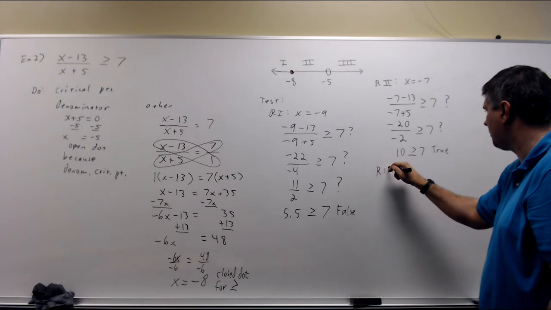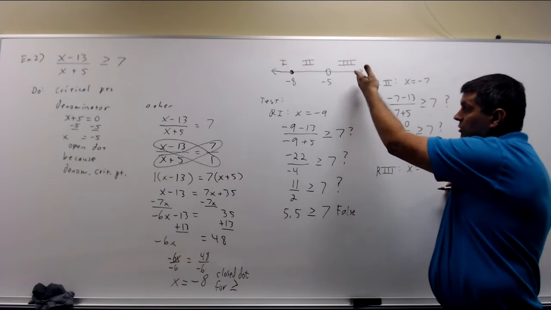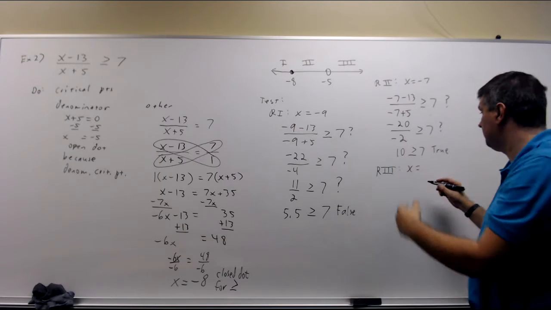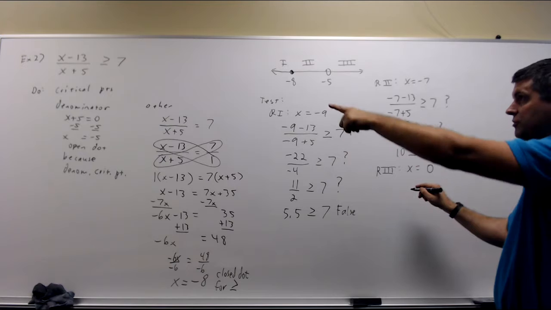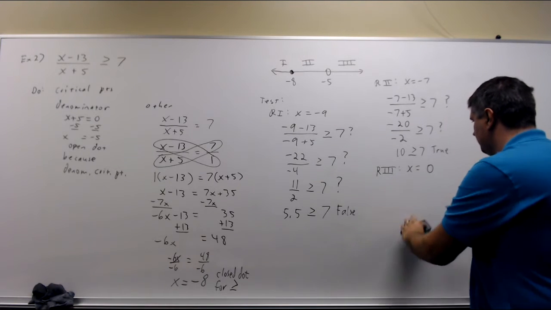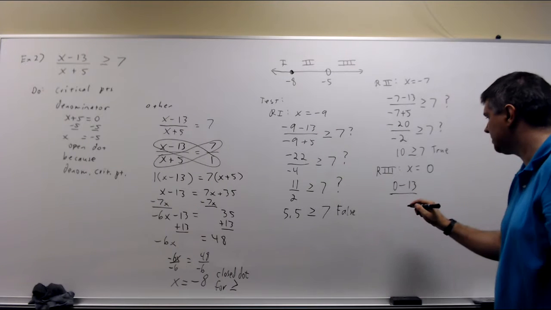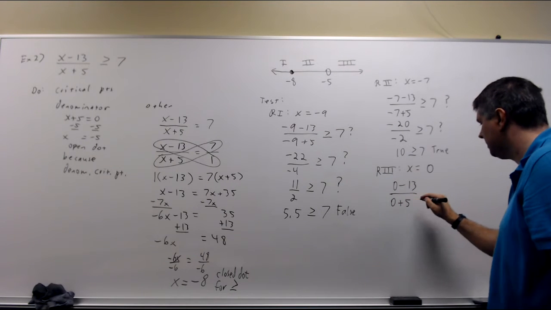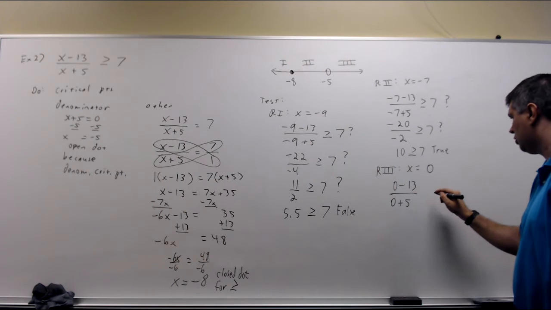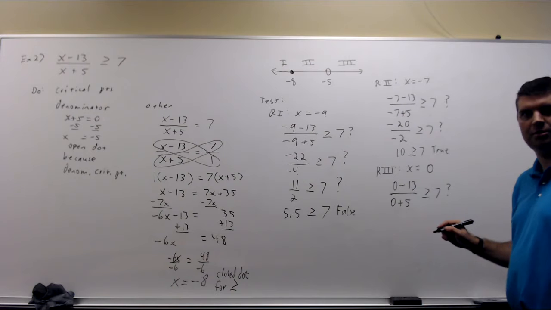Now I'll do region 3. I'll let x equal 0 since region 3 has 0. So I want to know if (0 minus 13) over (0 plus 5) is greater than or equal to 7. That's the question.